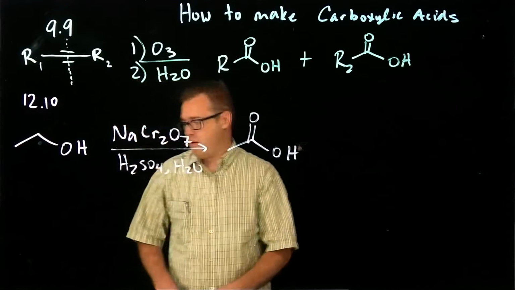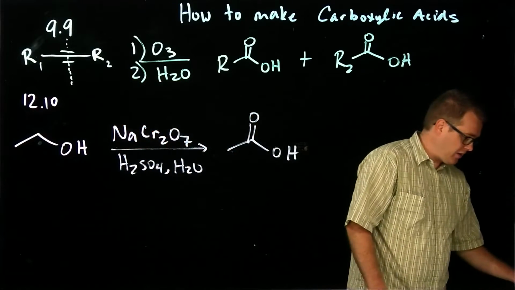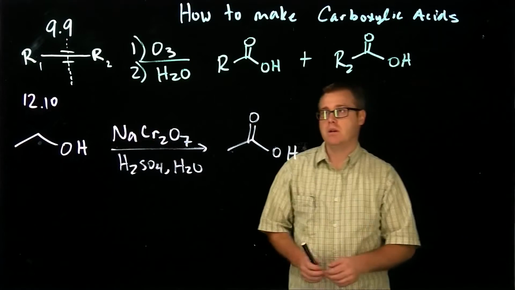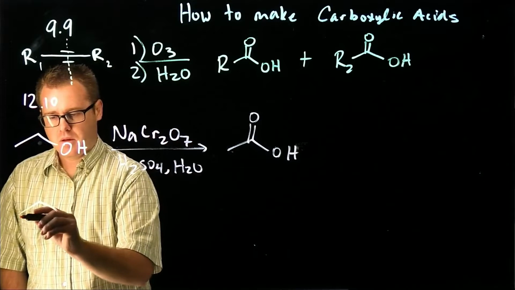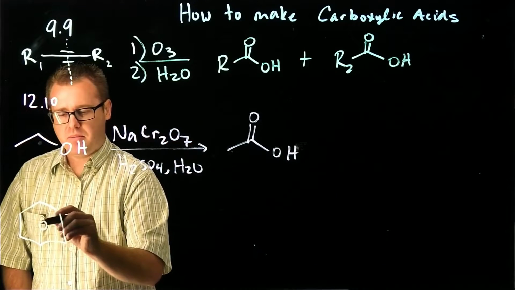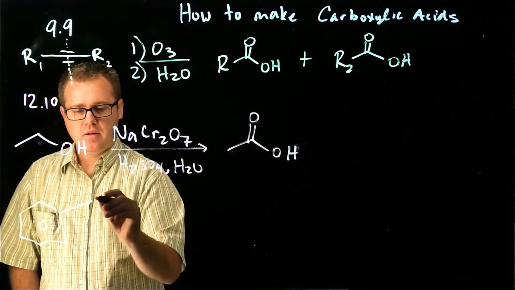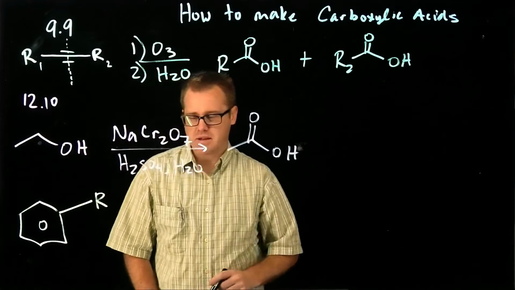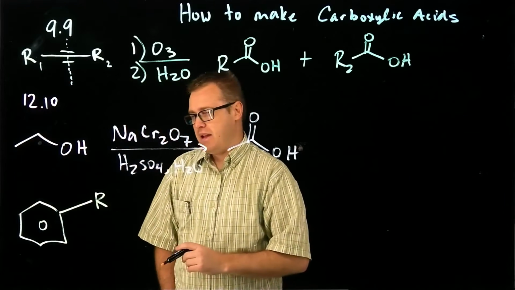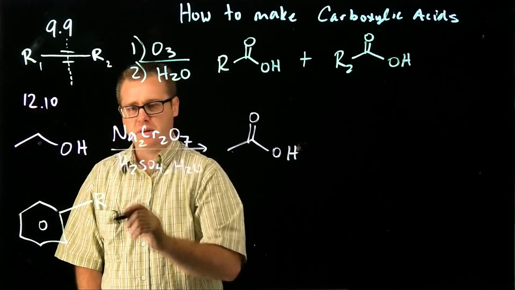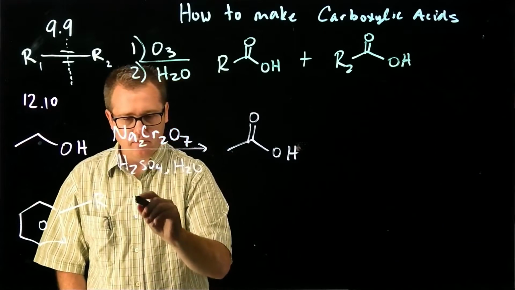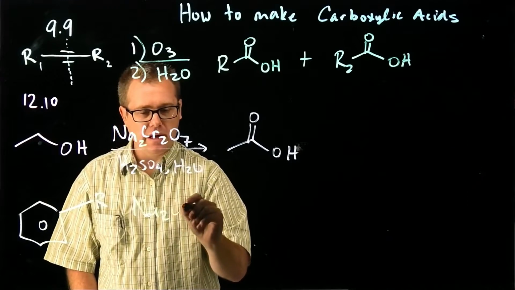Let's see, what have we more recently learned in Orgo 2? What if we have a benzene with an R group attached? And what if we treat that with chromic acid?